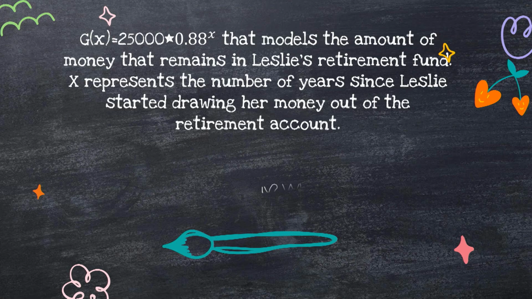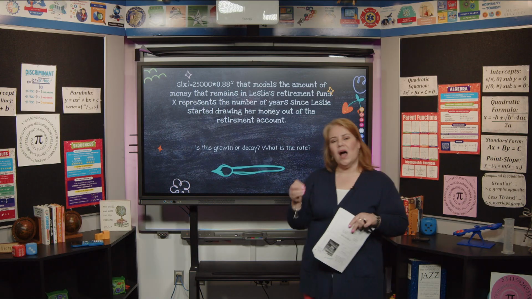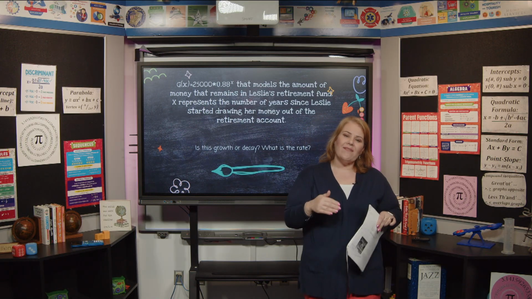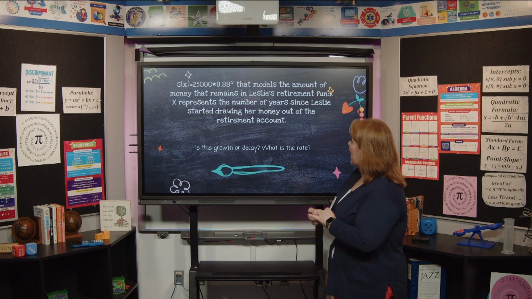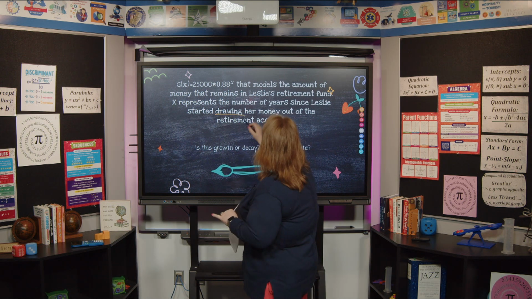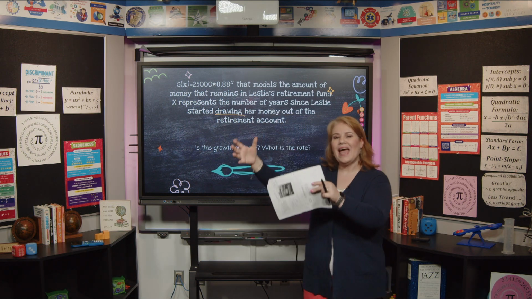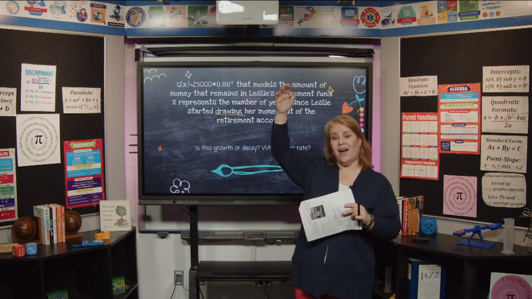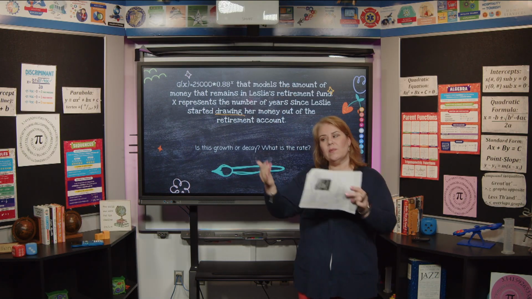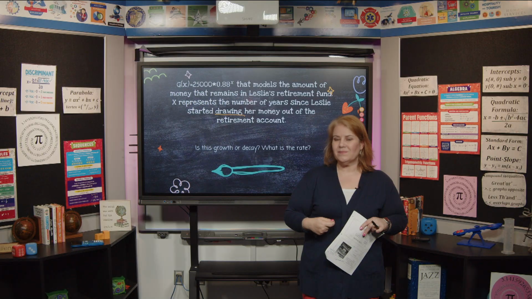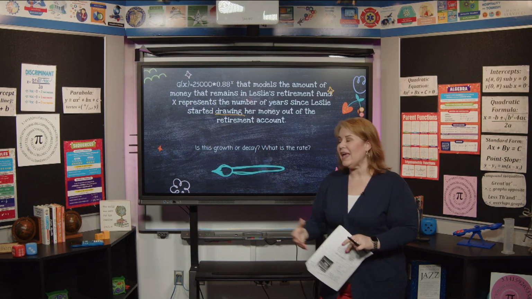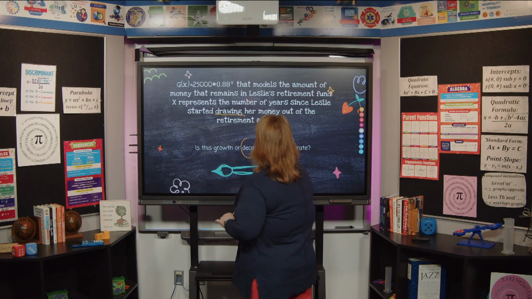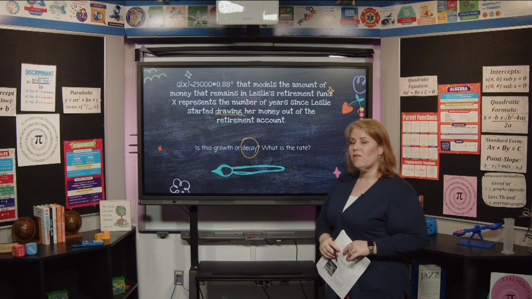All right, so then it says, is this growth or decay? What is the rate? Now, let's use some context clues. If I've got an account I am drawing out of, I'm taking money out. So do you think the money would be going up if I'm drawing the money out, or going down? It's going to decay. It's going to go down. So I am decreasing the amount of money I have.